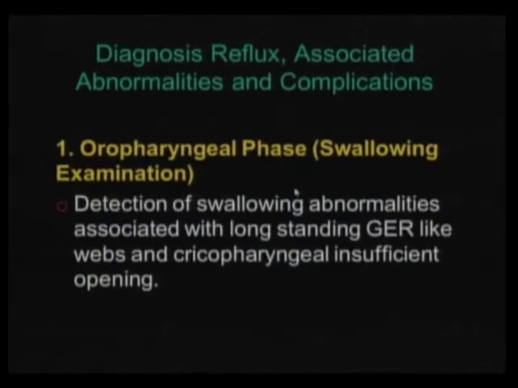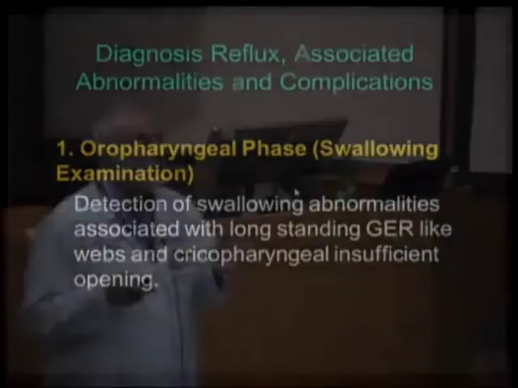One of them is dysmotility of the cricopharyngeus. Other abnormalities could be webs in the hypopharynx and the esophagus. And if you have long-standing cricopharyngeal dysmotility, you can have a complication, the Zenker diverticulum. As you know, Zenker diverticulum is almost always seen in patients with chronic gastroesophageal reflux.